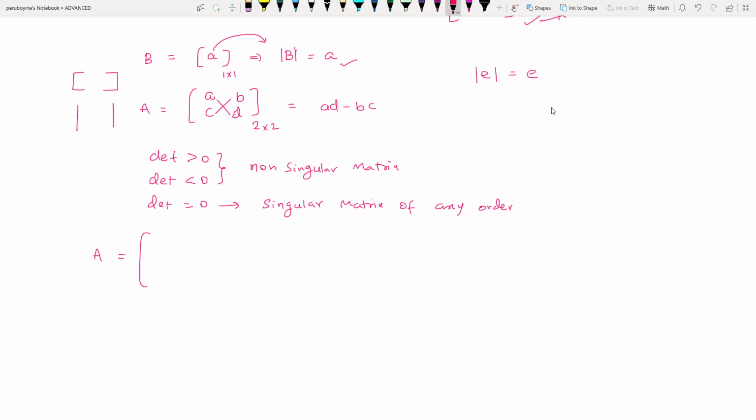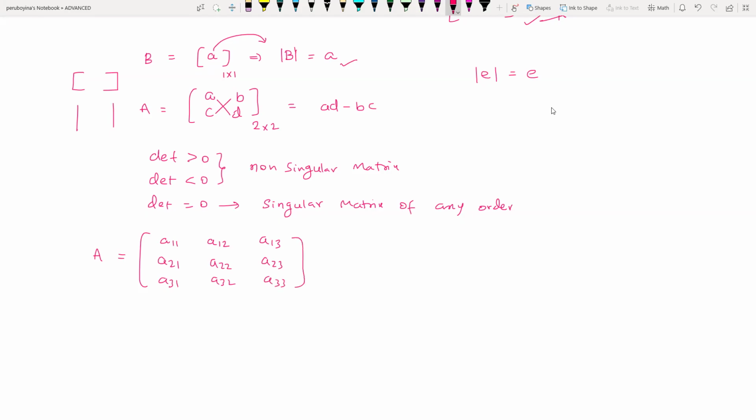So let us consider matrix A, which is a 3 by 3 matrix, and you know how to write the elements: A11, A12, A13, A21, A22, A23, A31, A32, A33.